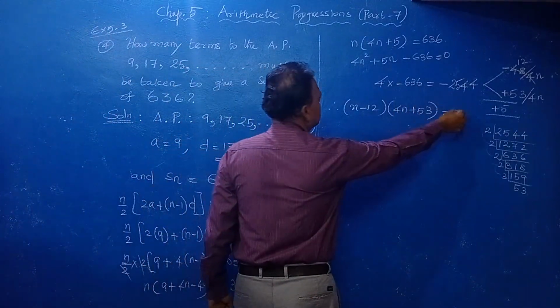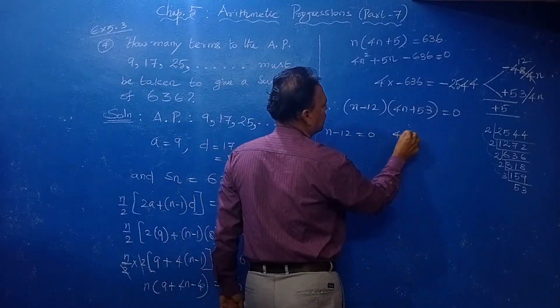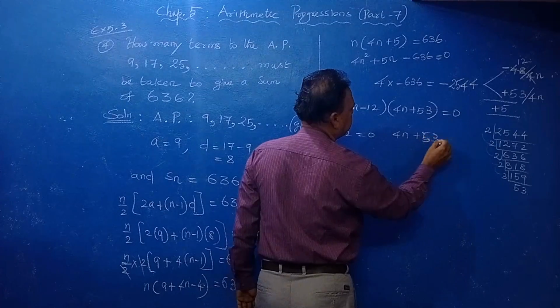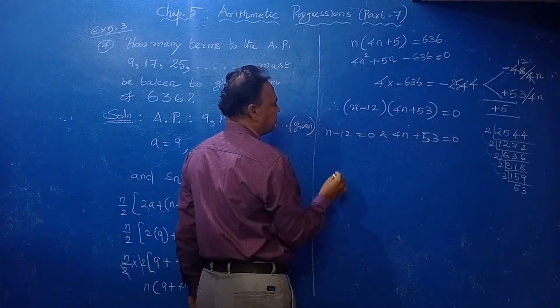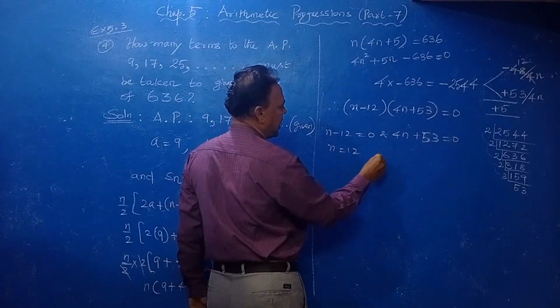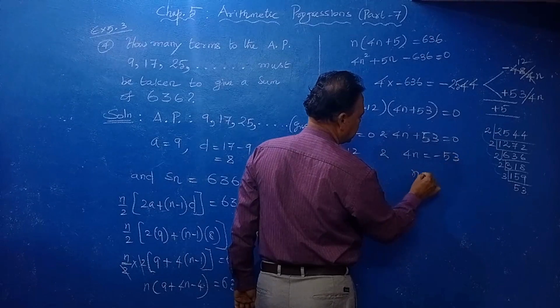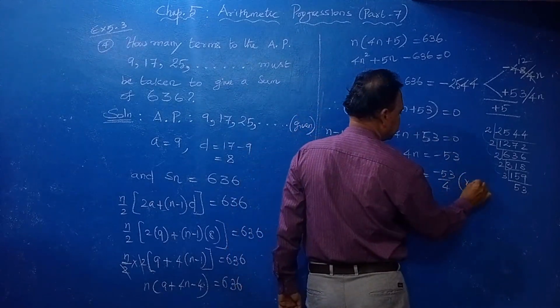Now, two factors equal to 0 means you make each separately 0. Therefore, n is equal to 12 and 4n equal to minus 53, so n is equal to minus 53 by 4. N cannot be negative, so it is rejected.